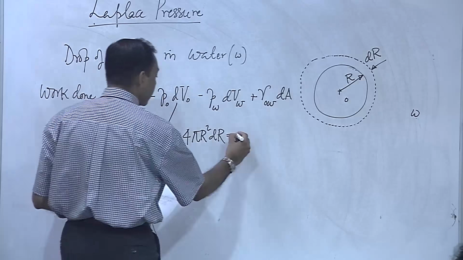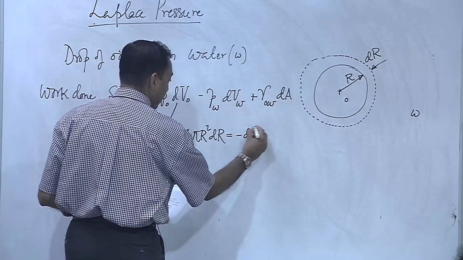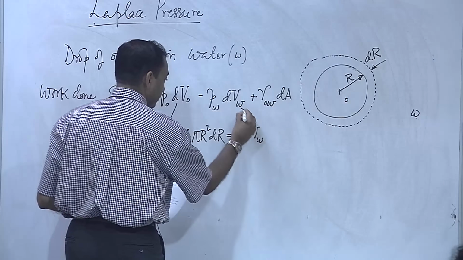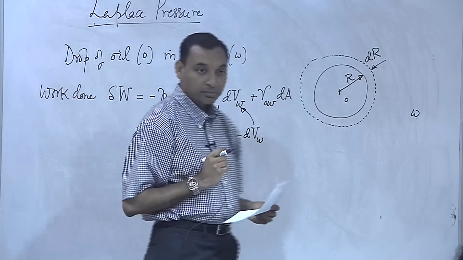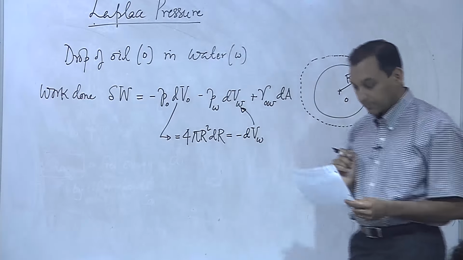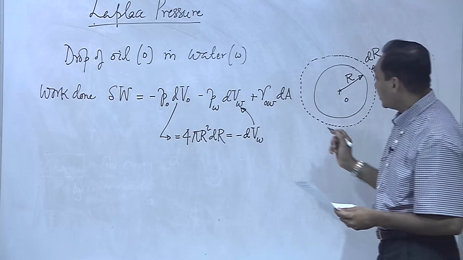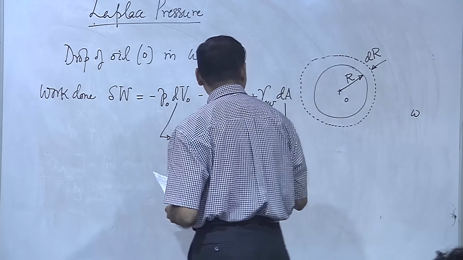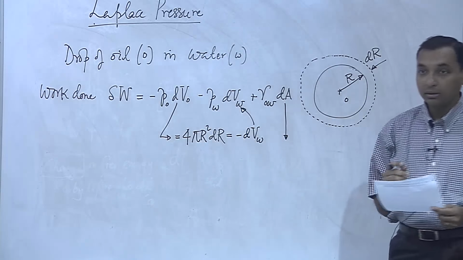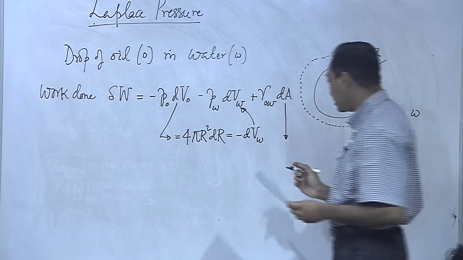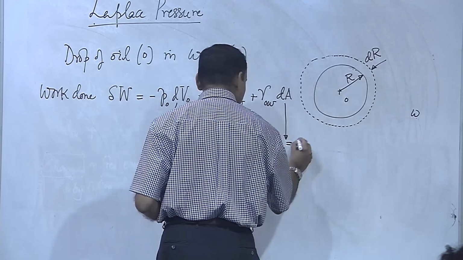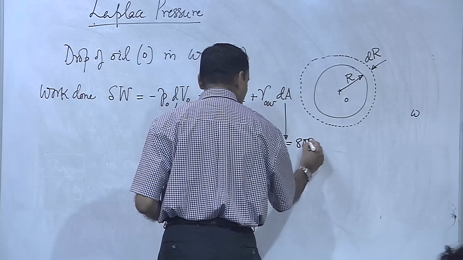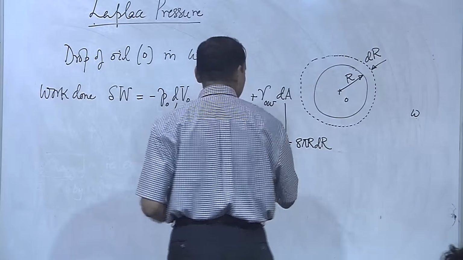So that is related to minus dV w. What is happening to the dA? How much have I increased the area? 8 pi r dr, good, 8 pi r dr.